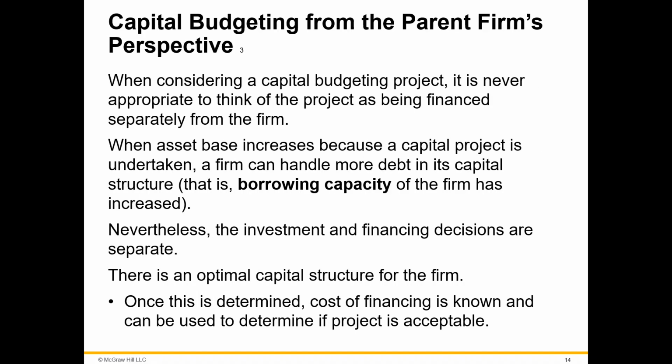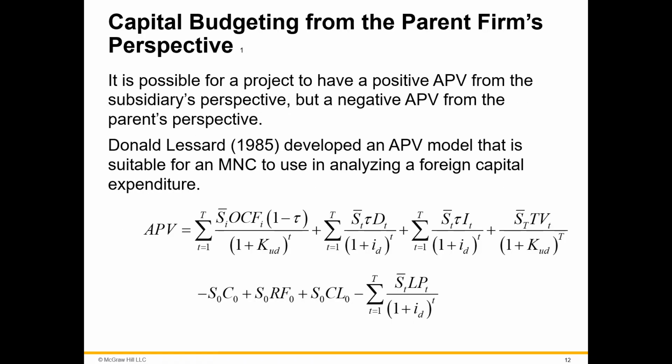What that means is that an analyst doesn't necessarily have to do all of this. They could just do the standard domestic model with the expected exchange rate adjustment. And if APV is positive, then it's just good. Okay, APV is positive, we've got the green light to do this. I don't need to try to do all that.